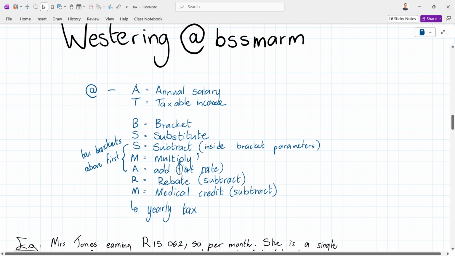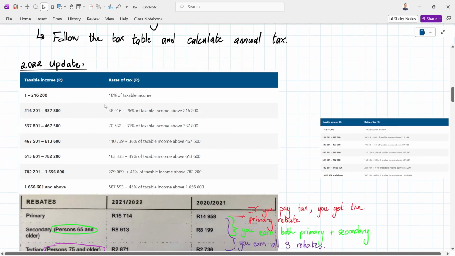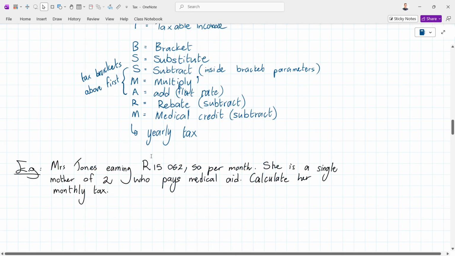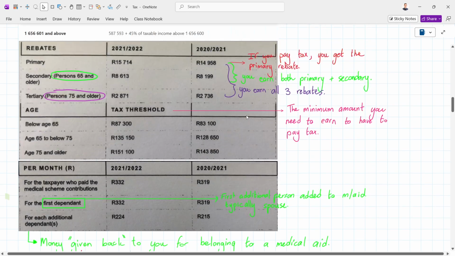You need to then add the flat rate, which is these values here, what I refer to as the flat rate. And then you subtract the rebate, subtract the medical aid credits, and then you get your yearly tax. Okay, but we're going to start it off very simply.